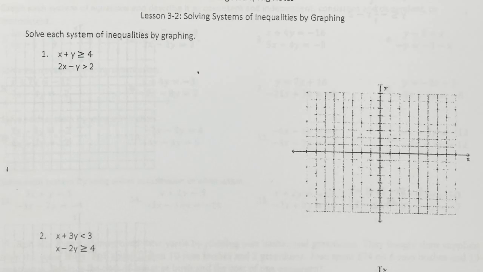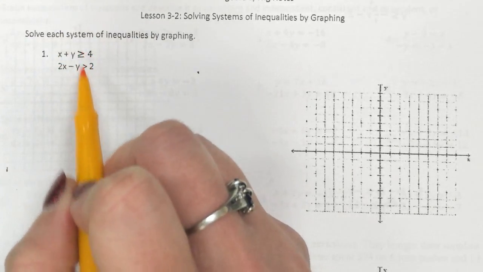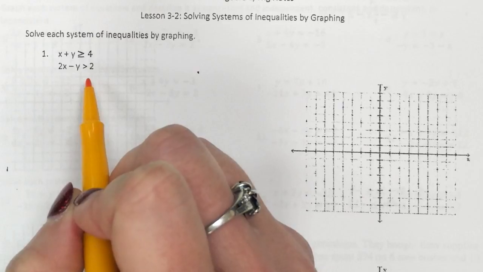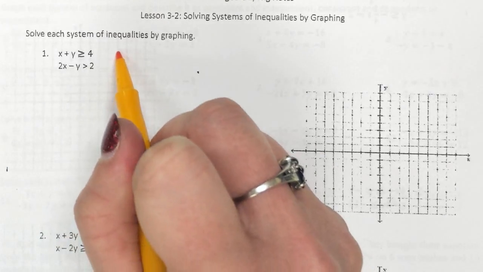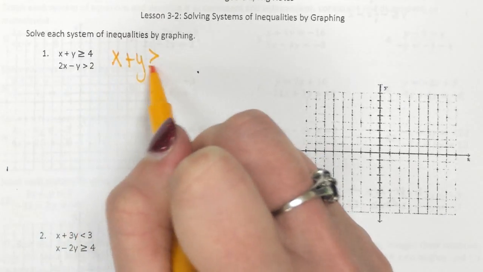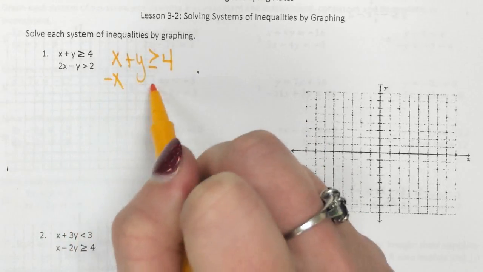All right, here we go. So when we graph, what has to happen before we can graph something? Y has to be by itself. So it's the same thing. Even though these have inequalities, we're still doing the same exact thing. So if you get y by itself first, to do that, we're going to subtract x.